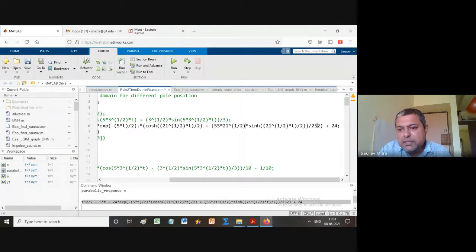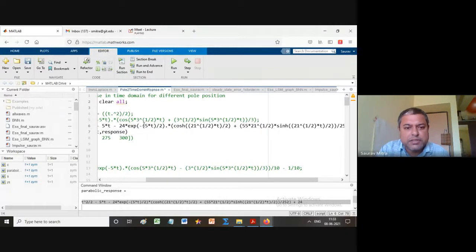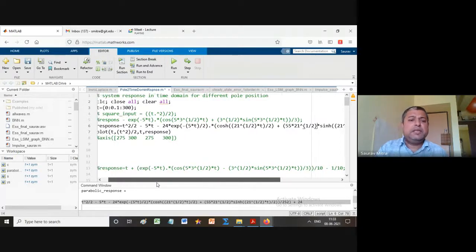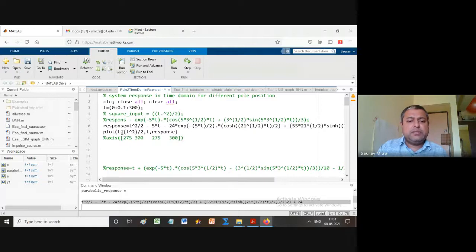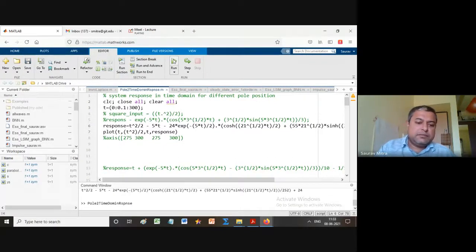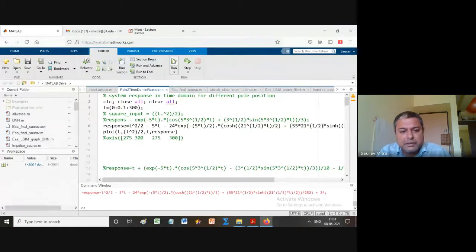Whenever there is multiplication of two t terms like this, where this is e raised to minus 5t and this is also t, there you require a dot. Likewise, this is t square by 2. That means you are plotting the parabolic first, and the response with respect to t. Let's see what we get. If there are some mistakes, we'll correct them. There is a mistake somewhere.